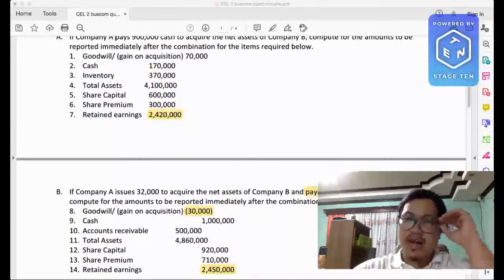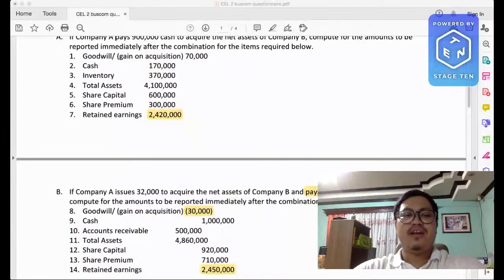For share capital, class, very simple. Just add the increase in share capital resulting from the par value of the shares issued. Again, share capital is always at par value. While the excess, class, since shares issued for a business combination are to be recognized at fair value, the excess of the fair value over the par will go entirely to your share premium.